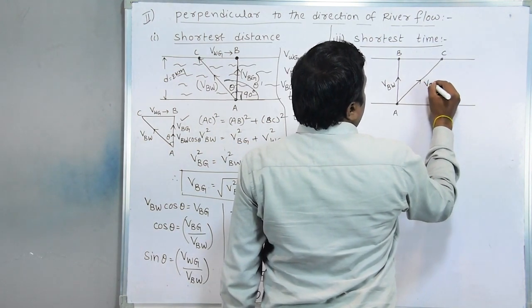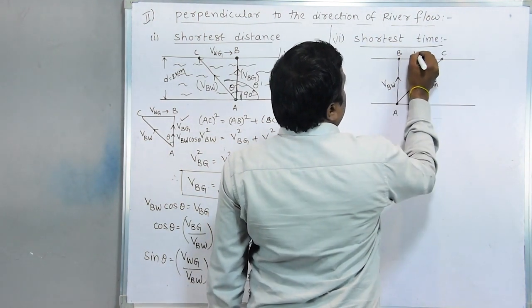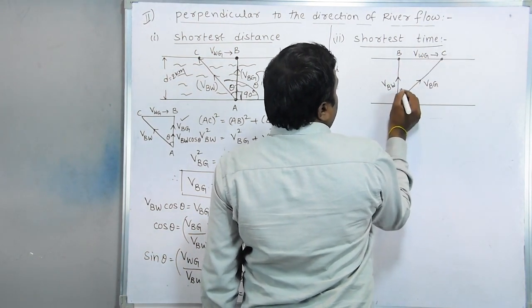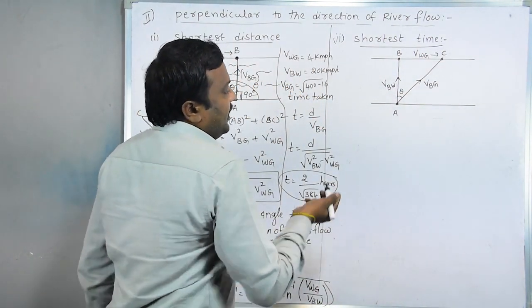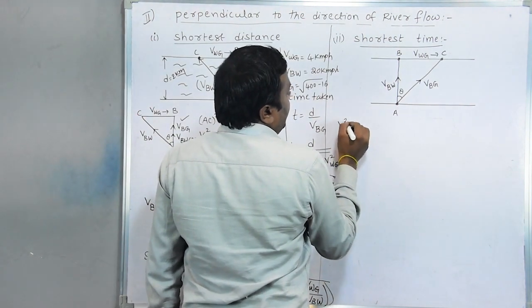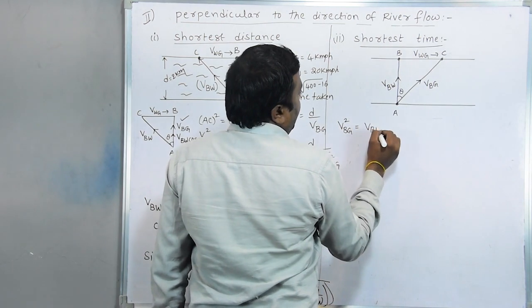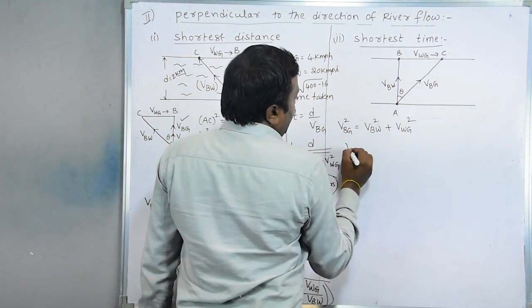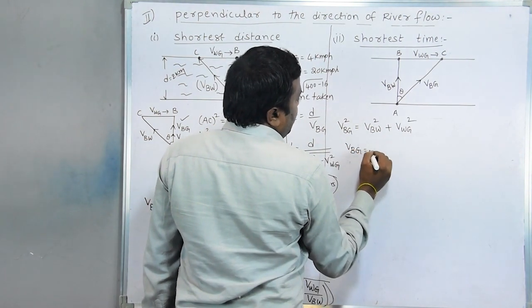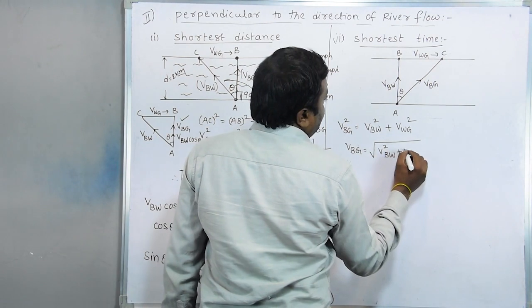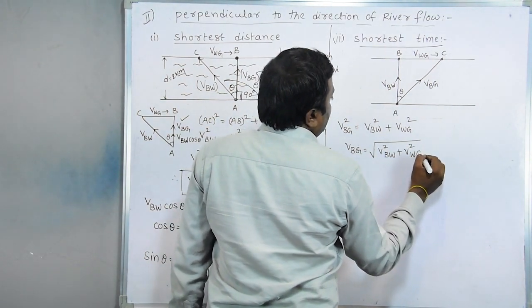This is boat with respect to ground. This one we already know, water with respect to ground. If it is an angle theta, then what we can write directly from Pythagoras theorem: V_BG square equals V_BW square plus V_WG square. Then boat with respect to ground equals square root of V square BW plus V square WG.